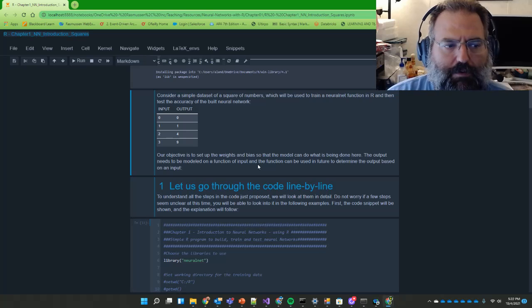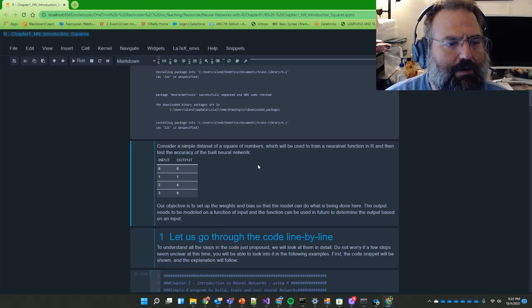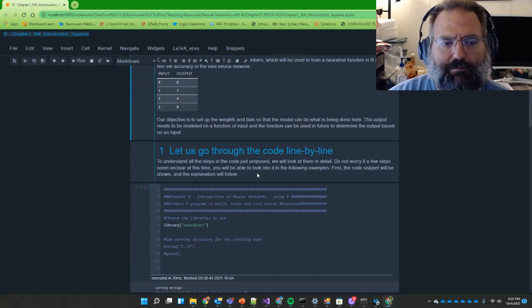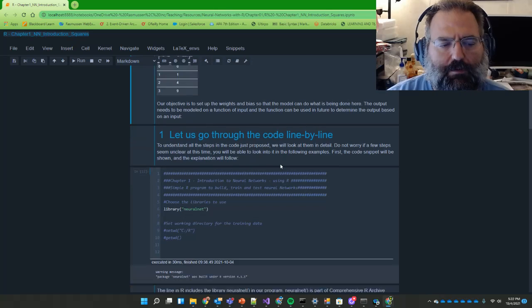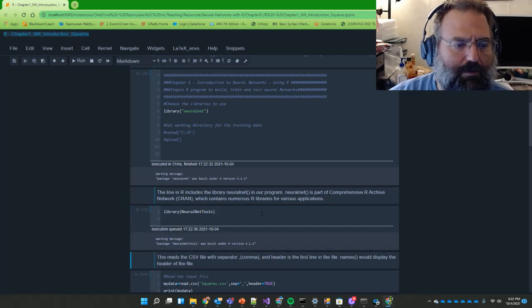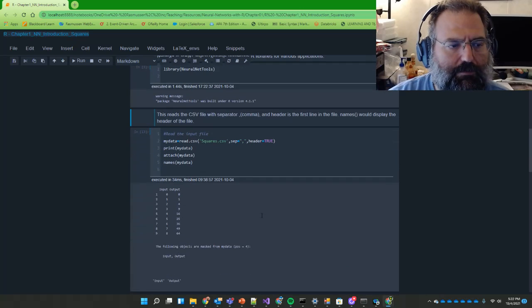So you input 1 and you get back 1, you input 2, you get back 4, you input 3, you get back 9. So that's what we're trying to approximate. Yes, it's a really simple function, but that's the thing that we're doing here: neural networks essentially approximate functions. And I'm just making sure that I'm running these lines, that everything's loaded up.